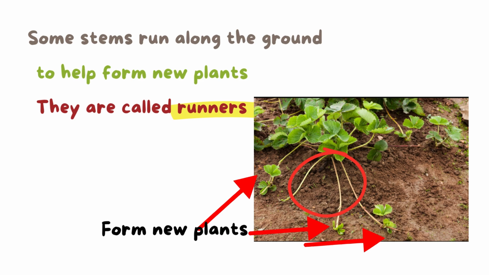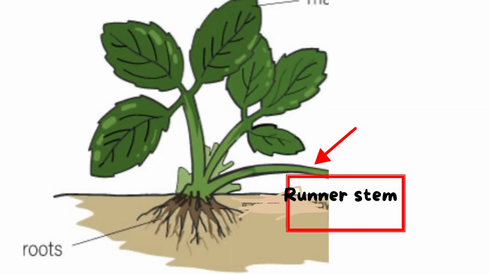So some stems run along the ground to help form new plants, so they are called runner stems. And these pictures show you how they form new plants, okay.